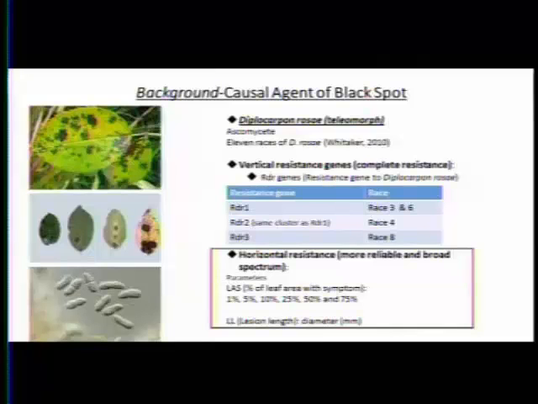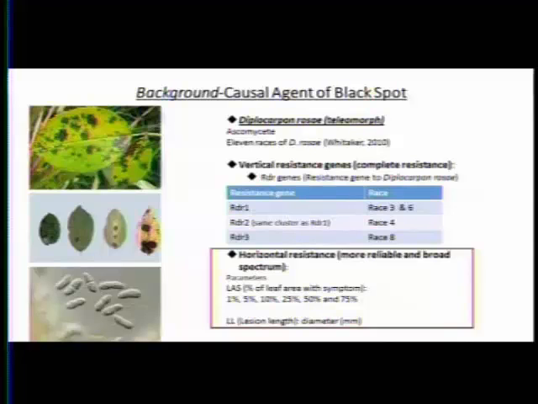Just to be clear, for some of you who may not understand what vertical and horizontal resistance are: vertical resistance is also called complete resistance. It's a gene-for-gene reaction, which means that if your host has the resistance gene and your pathogen has the avirulence gene, then your host will recognize it and show complete resistance.